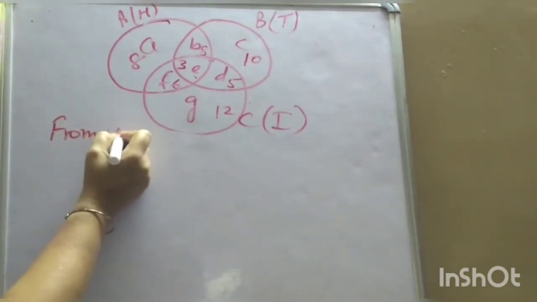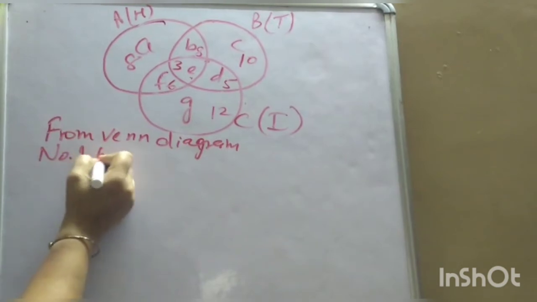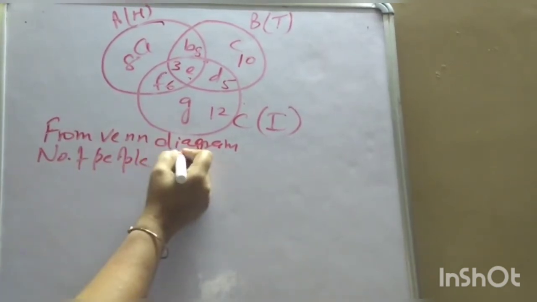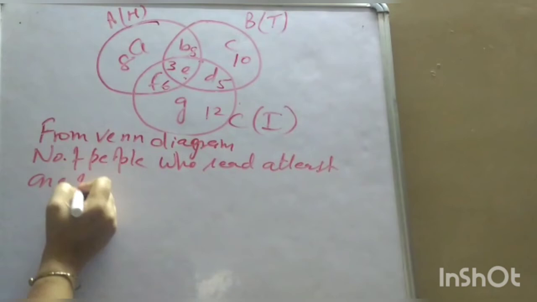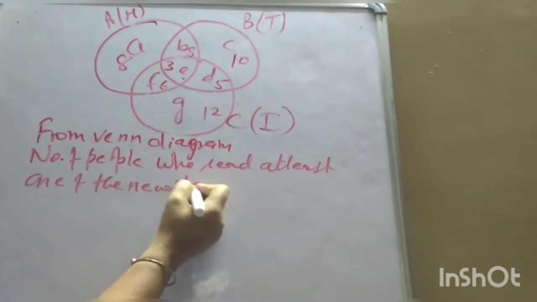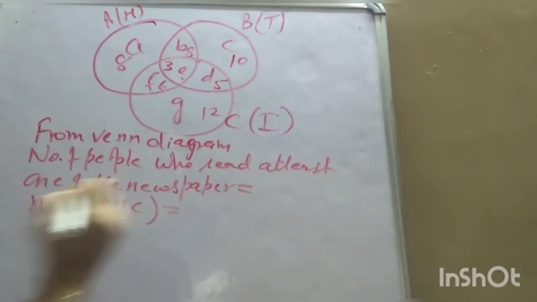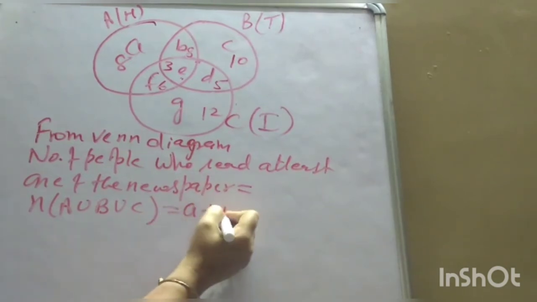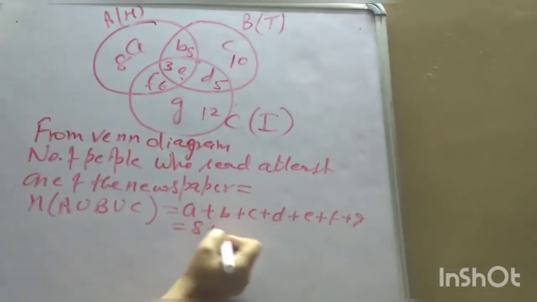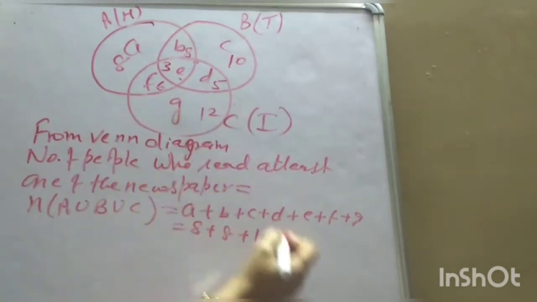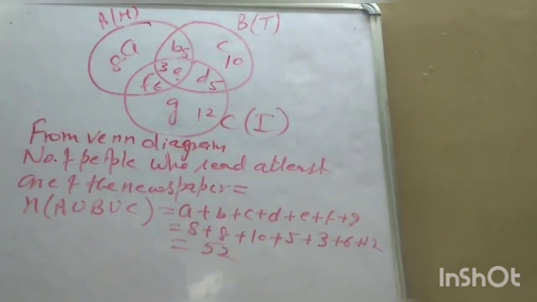So from the Venn diagram, the number of people who read at least one of the newspapers is equal to number of elements in A union B union C, and that is equal to A plus B plus C plus D plus E plus F plus G. A means 8, 8, 10, 5, 3, 6, 12. So, the answer is 52.